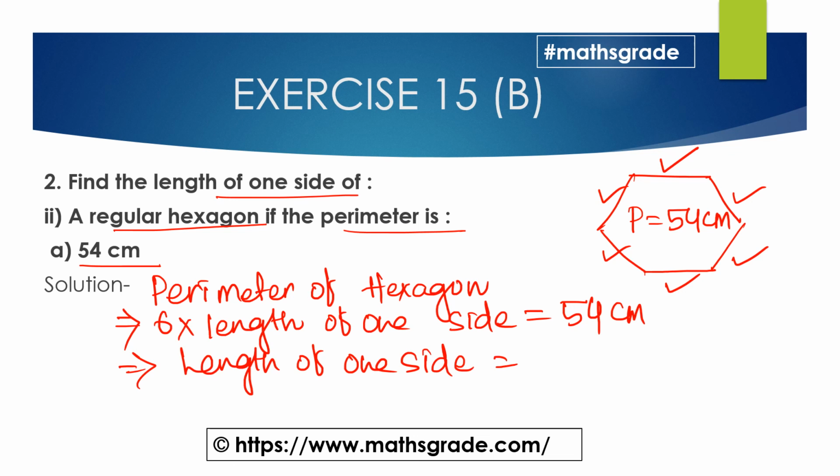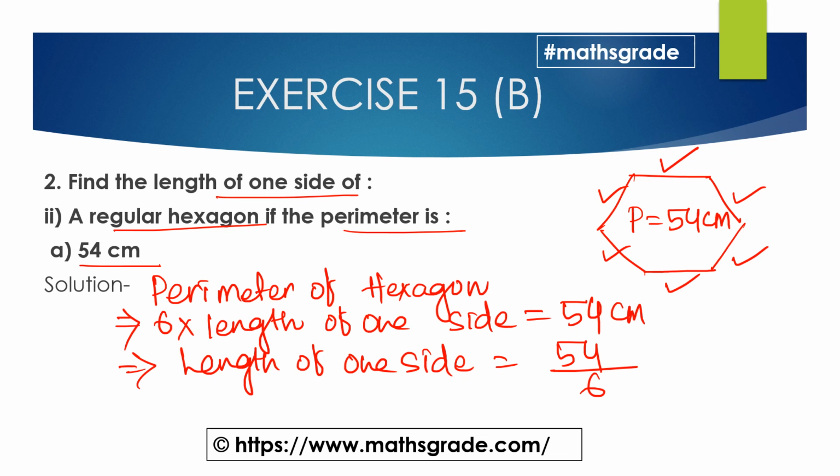We have learnt in equations how to solve an equation, that is transposing. Here 6 is multiplied on the left hand side, so when we take this 6 to the right hand side, it will be division, because multiplication and division are opposite operations. If it is multiplication on one side, then on the other side it will be division, and if it is division here, then it will be multiplication on the other side.